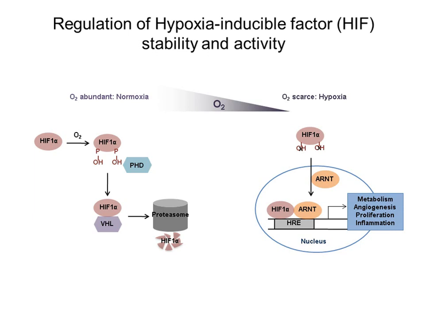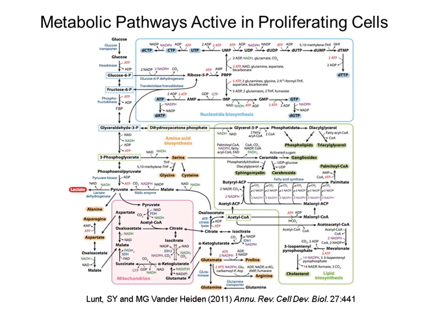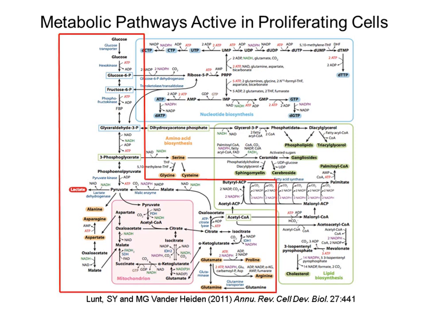And among the many things that the HIFs do is interface with metabolic pathways that are active in proliferating cells. What is shown in the red box region are the domains of metabolic pathways that have been traditionally associated with hypoxia and activated HIF. That includes enhanced glucose import, because many of the HIF targets include glucose transporters on the surface of cells.